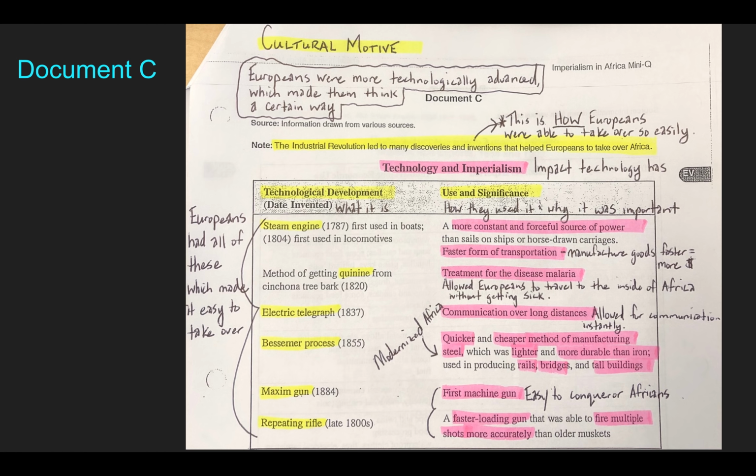The Bessemer process, I think you guys actually should have read about this during the Industrial Revolution. I believe you might have seen this on one of the episodes of The Men Who Built America, but the Bessemer process was a method of manufacturing steel very quickly and very cheaply.